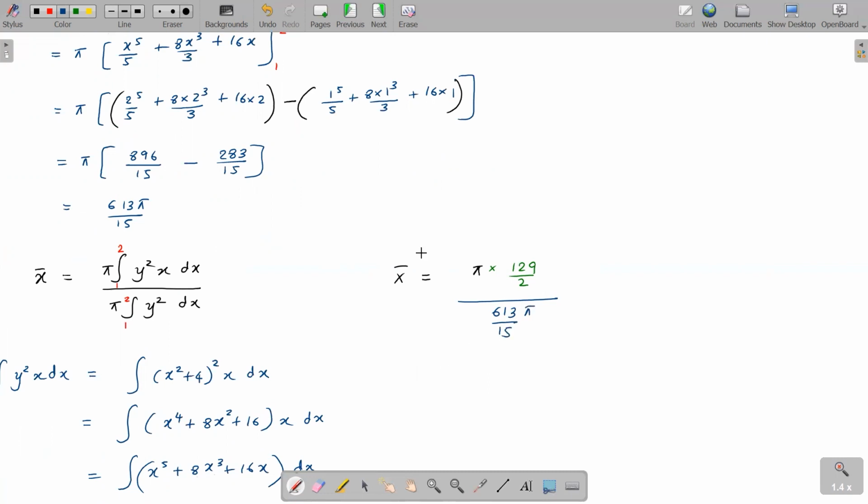Are you with me? The pi will immediately cancel out. So you get x bar equals 129 over 2, the 15 is on top, 613 is down. Is that okay?